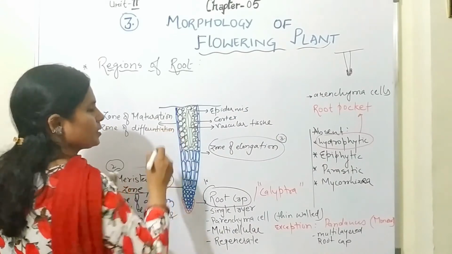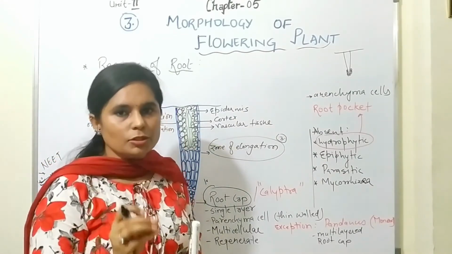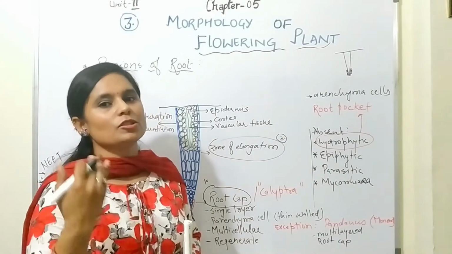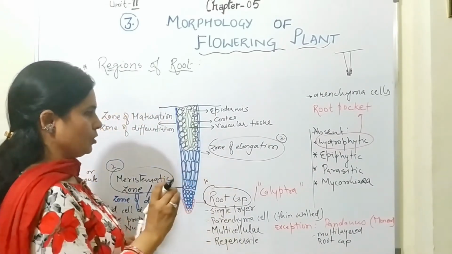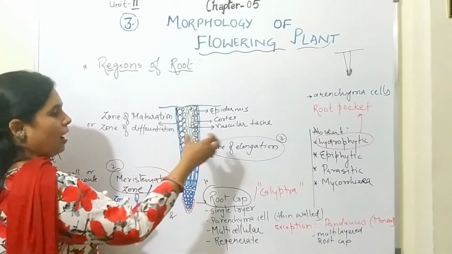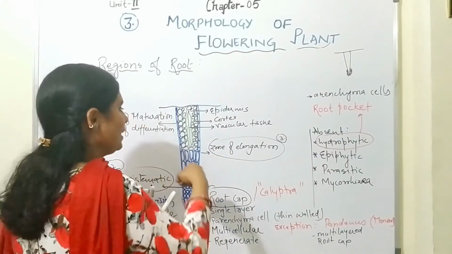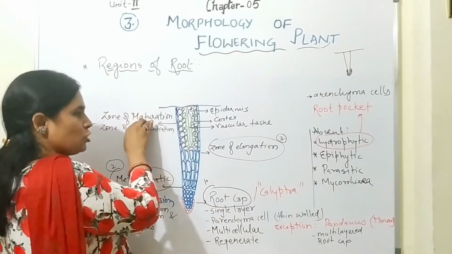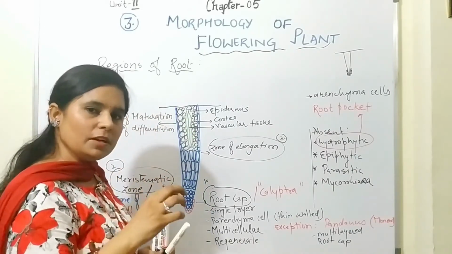Fine. What is differentiation? When a cell or tissue attains a particular function, after that they cannot change their function. So that is called differentiation. After the elongation, when the cell attains a proper length, it gets differentiated and matured. Mature means every tissue will attain a particular function.